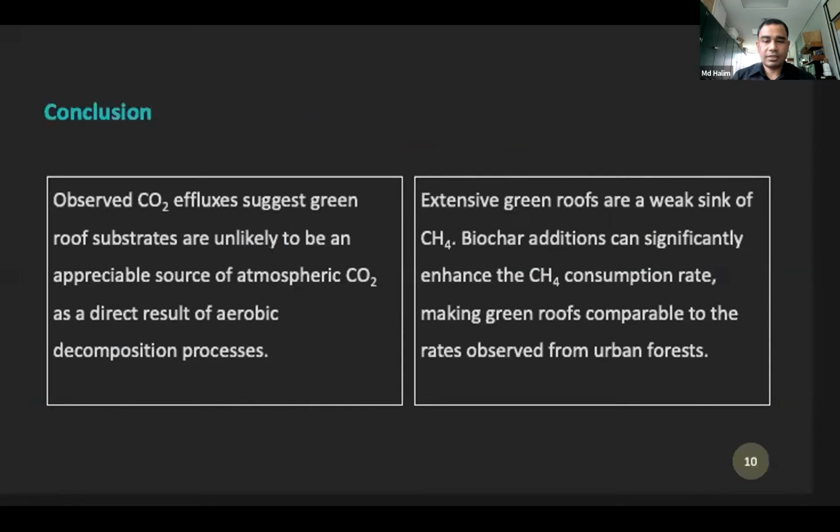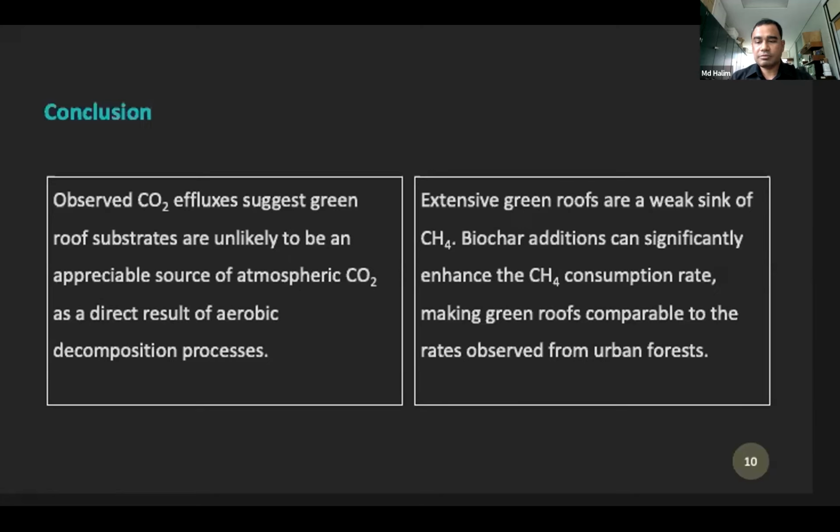In summary, the observed CO2 flux from Grid Lab 2 suggests green roof substrates are unlikely to be an appreciable source of atmospheric carbon dioxide as a direct result of aerobic decomposition processes.